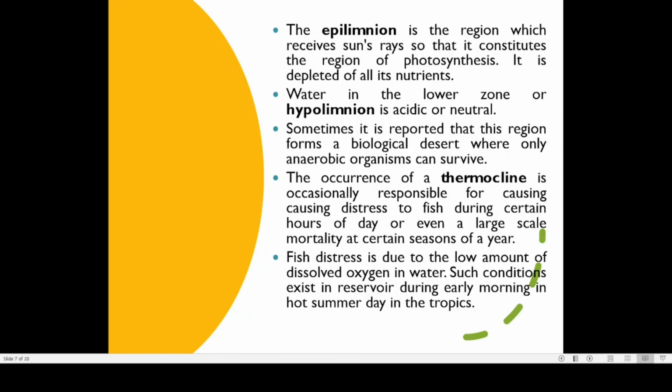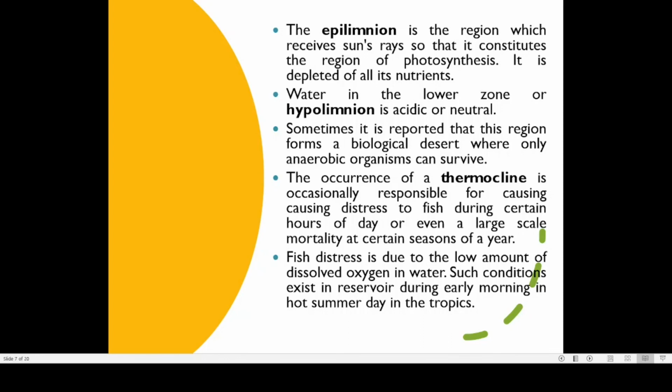And the thermocline usually causes a lot of problems, because the lower water or hypolimnion may not contain enough nutrients, as there is no photosynthesis there. Because of the lack of photosynthesis, fish may not be able to survive in the lower layer. The problem is that thermocline formation prevents the mixing of upper water and lower water.